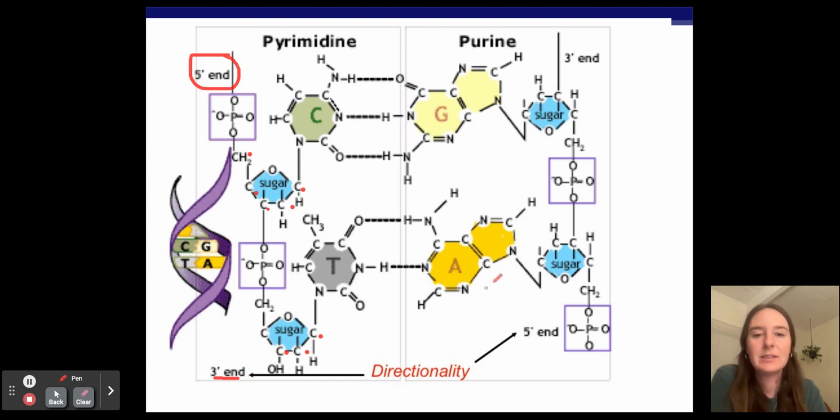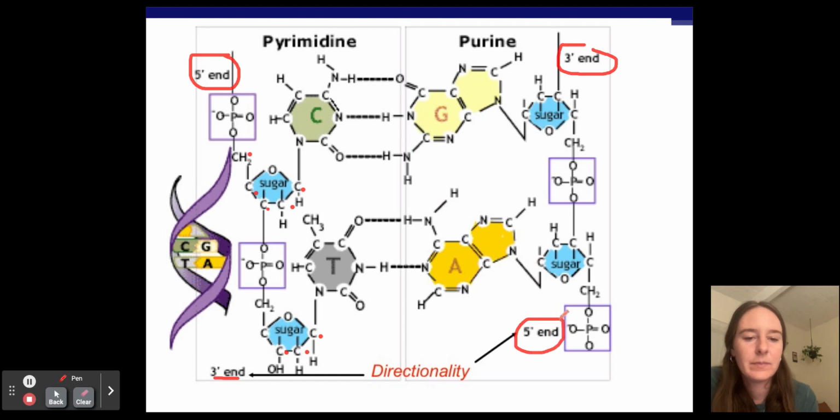However, let's look at this strand on the right-hand side. Notice that at the top it says 3', and on the bottom it says 5'. When we're talking about DNA strands, we talk about them running anti-parallel. Parallel means side by side, and anti means opposite. So they're running in opposite directions, and you can even see here that the sugar is flipped upside down compared to this. So let's review our 5' and 3'.